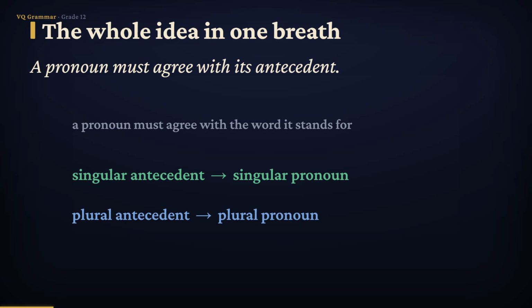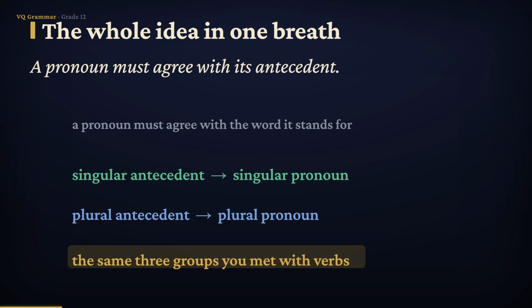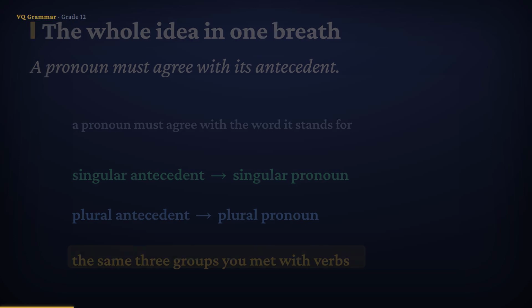The twist in this lesson is that the antecedent is an indefinite pronoun, a word like everyone, or both, or some, and those fall into the same three groups you met when we studied verbs. Some are always singular, some are always plural, and a few can swing either way. Learn which group a word belongs to, and the matching pronoun takes care of itself.